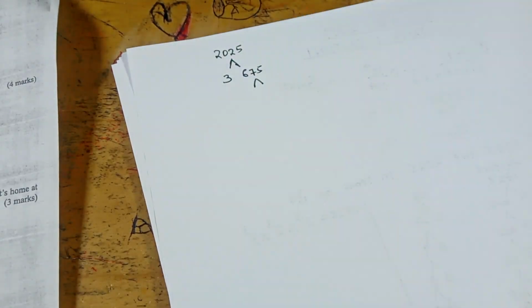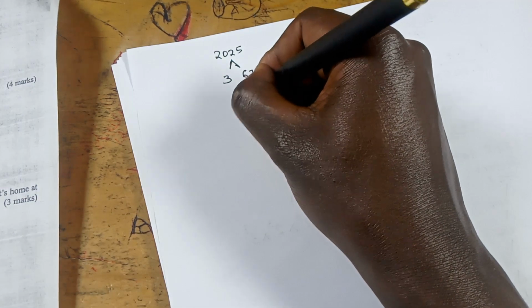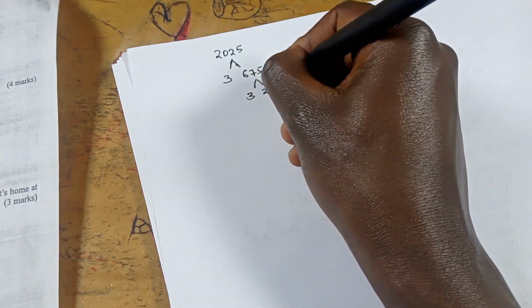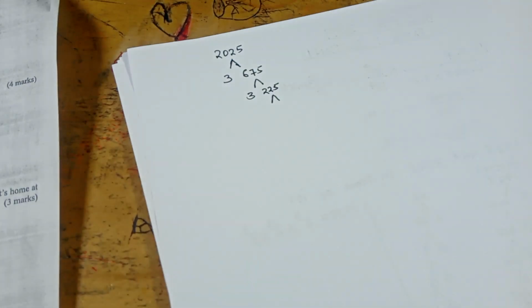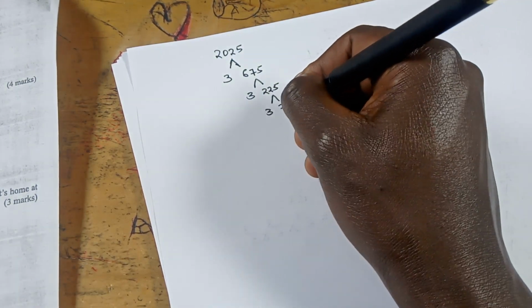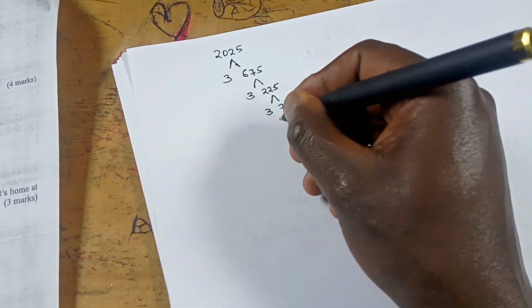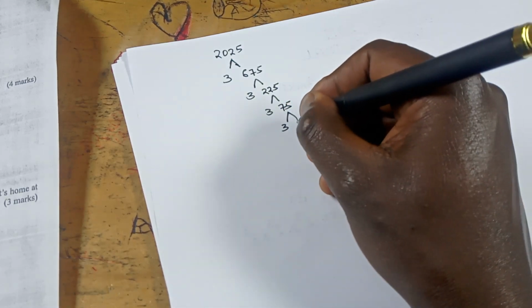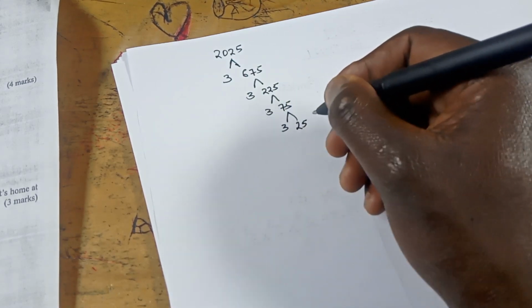Then another one by 3 will give us 225. Then the next one with 3 will give us 75. Then 75 by 3 will give us 25.